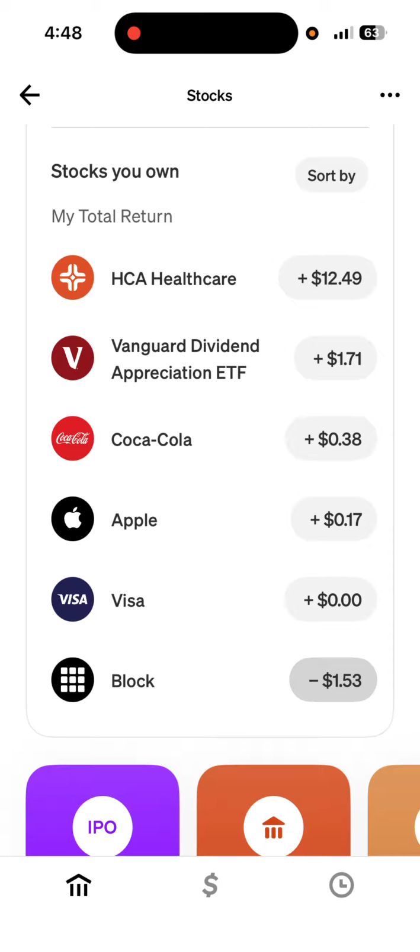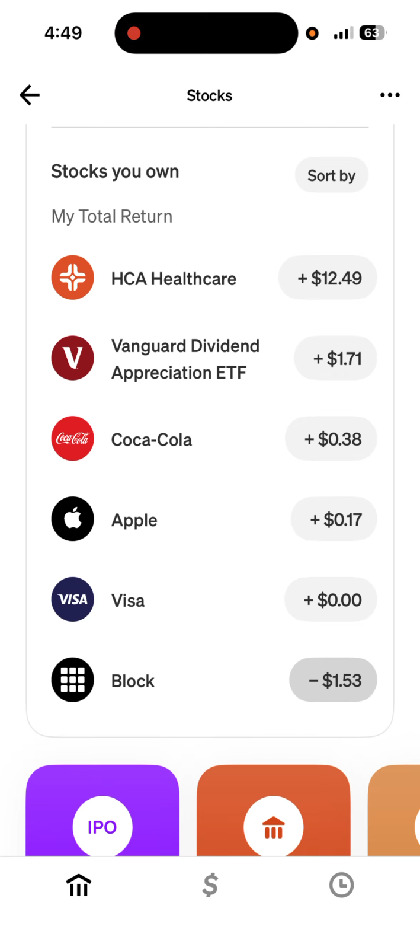An ETF is less risky than stocks, because when you invest in stocks, it can go up, it can go down, it can fluctuate. So ETFs are pretty good if you want to be more on the safe side. But I got this ETF as a way of diversifying my portfolio.